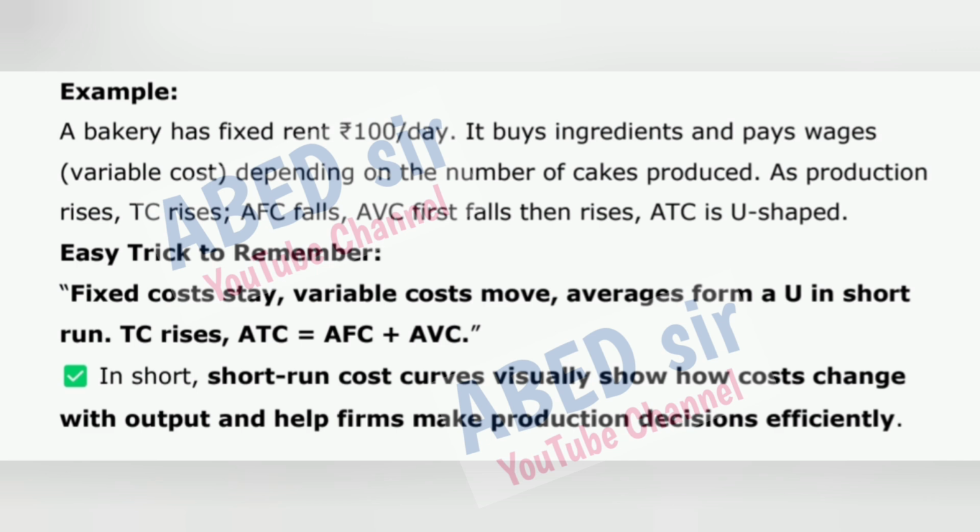Easy trick to remember: fixed costs stay, variable costs move, averages form a U in the short run. TC rises, ATC is equal to AFC plus AVC. In short, short-run cost curves visually show how costs change with output and help firms make production decisions efficiently.